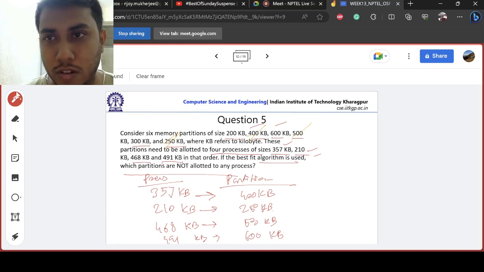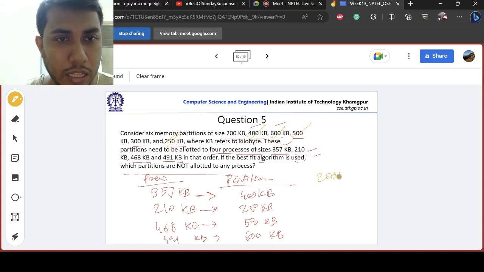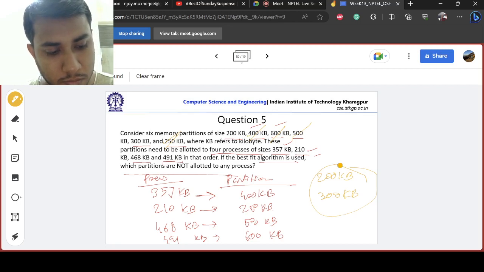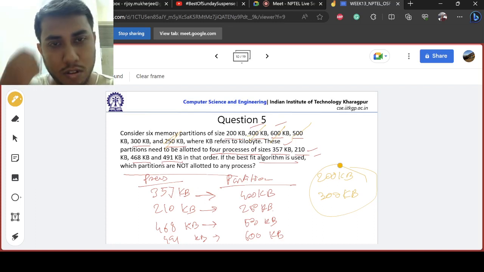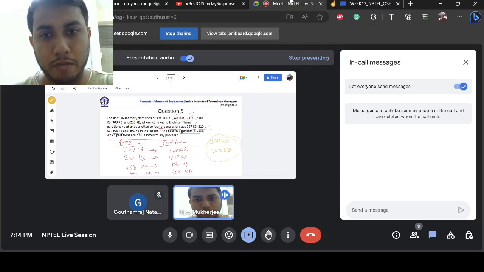So your 600 KB is also booked. So the remaining ones are 200 KB and 300 KB. So these two are not allocated to any process. Right. So this is your answer. Best fit, we have studied, always chooses the one which has the least fragmentation effect.